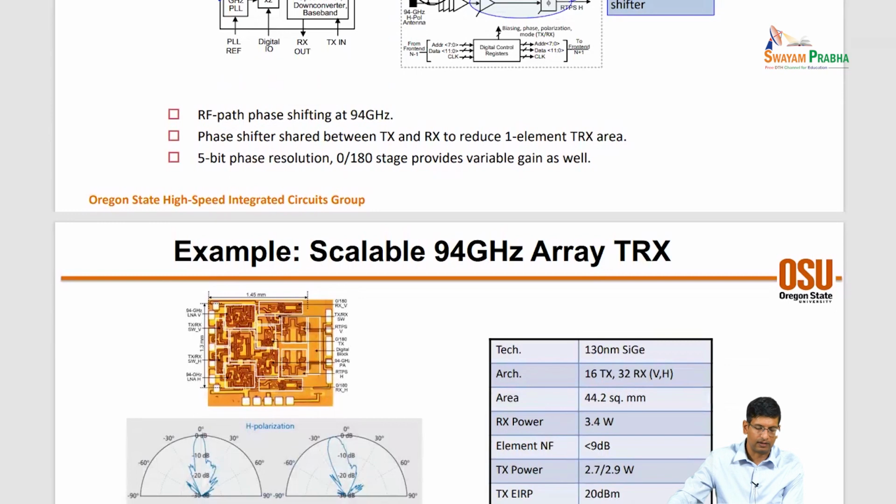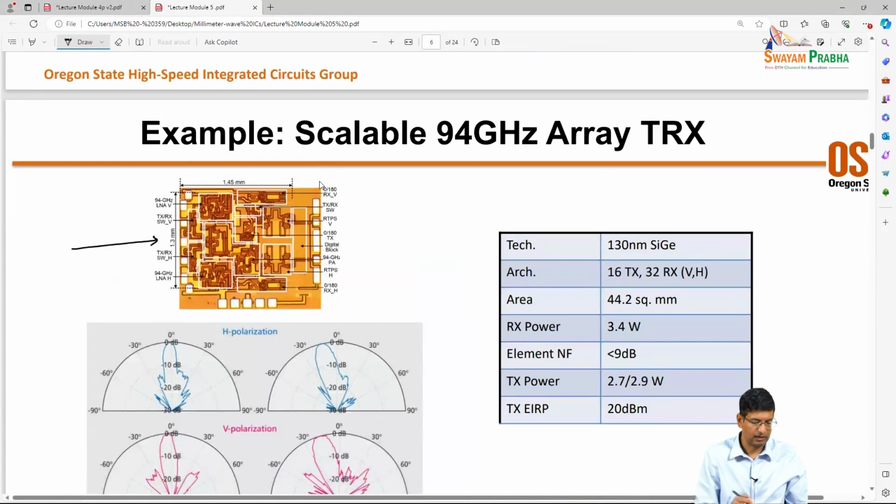The one other thing worth noting here is, in order to get lambda over 2 pitches, right, you have to make the size of each particular front end IC very, very small. And so if we see over here within 1.5 by 1.3 millimeters, we are placing a TX and an RX, right?